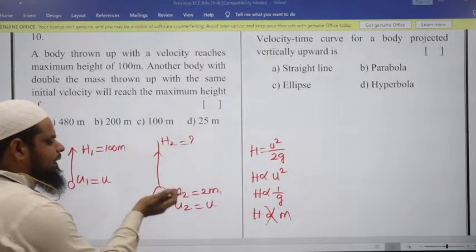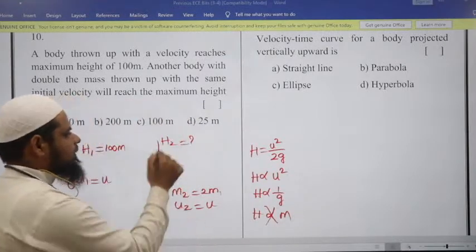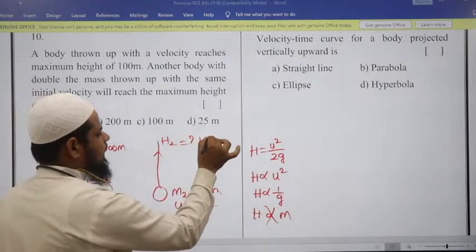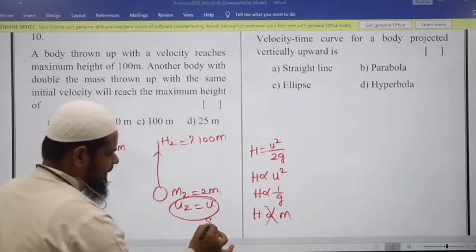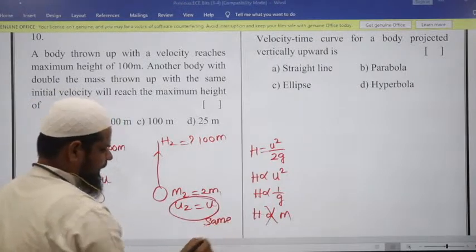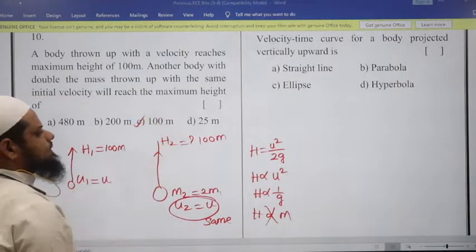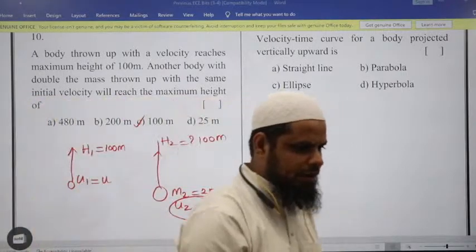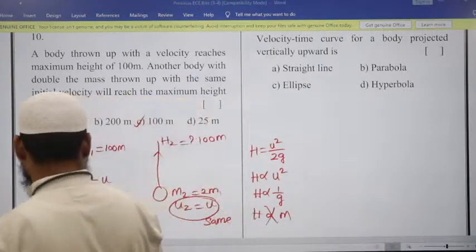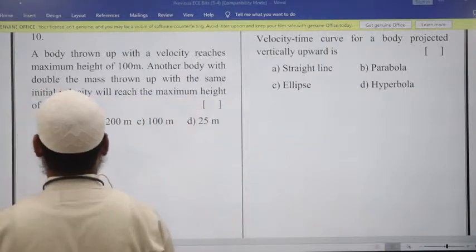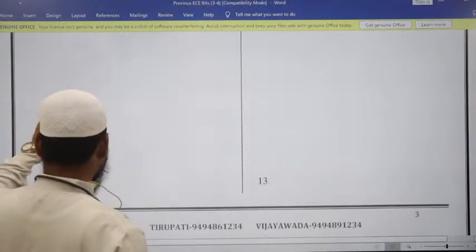So whether it is 2m or 3m or whatever, the height remains the same. The answer is 100 m only, because u remains the same. So it attains the same height. The answer is C. Very good. Prakash, good. Next, move on to the 11th one.